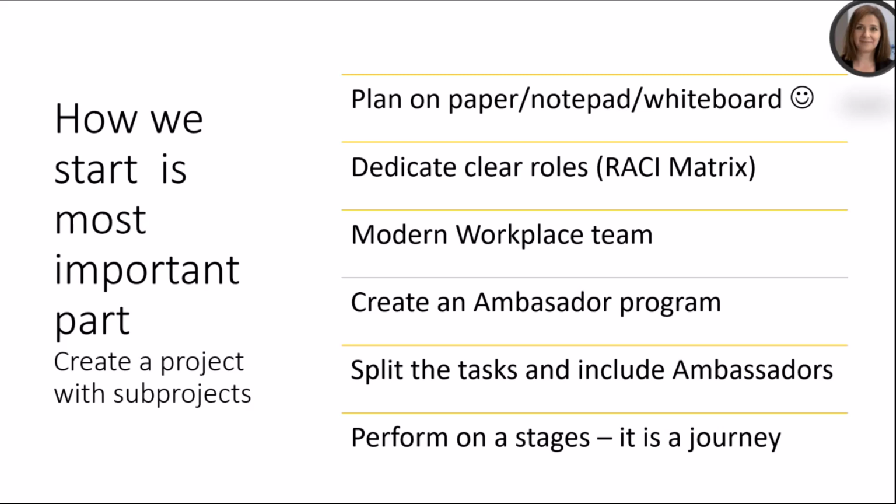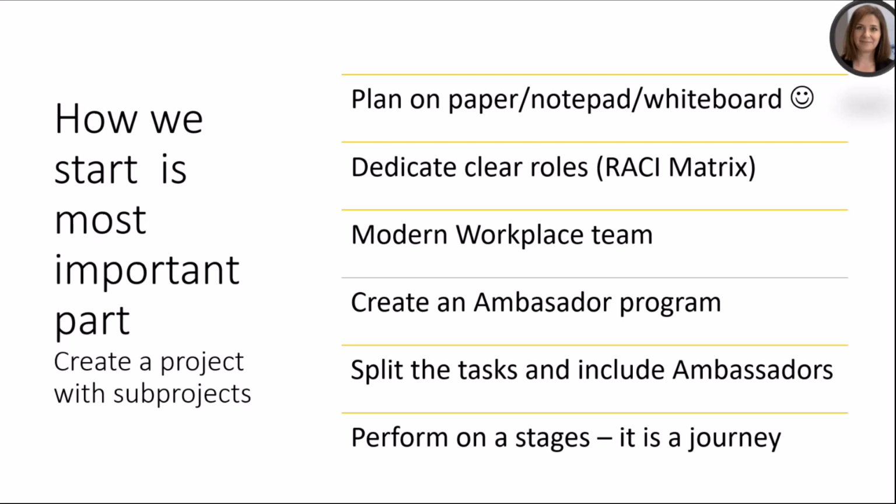The champions or the ambassadors, this program can be connected with people who are not IT specialists. So they are not experts in IT. They can be from different departments, but they are just enthusiasts to adopt. They are early adopters of the technology, of the programs, and of the changes.